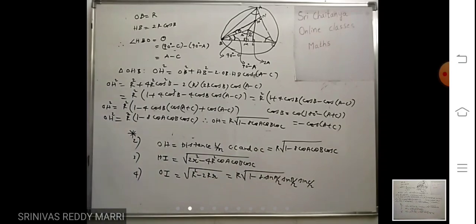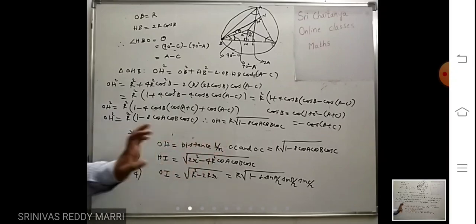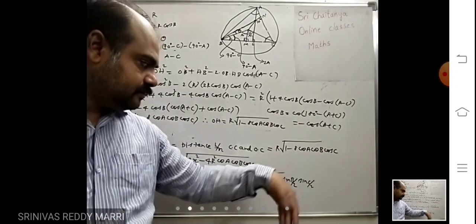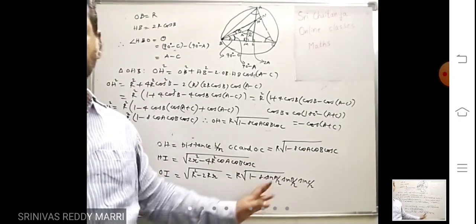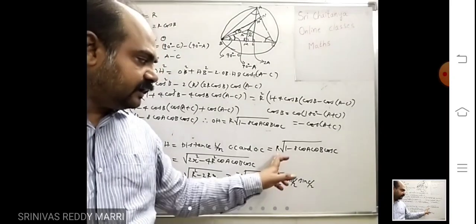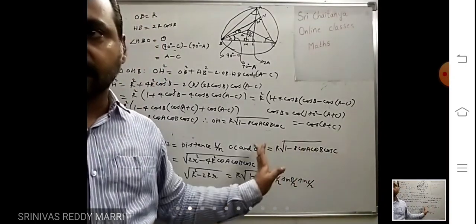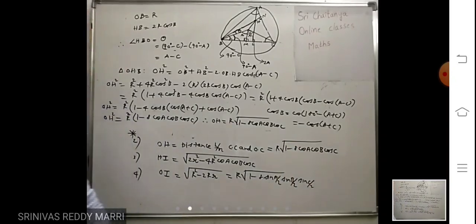Just remember this formula. There is no special significance, and you won't get any problems regarding this. Whenever capital R is known and the angles are known, you can calculate the distance.